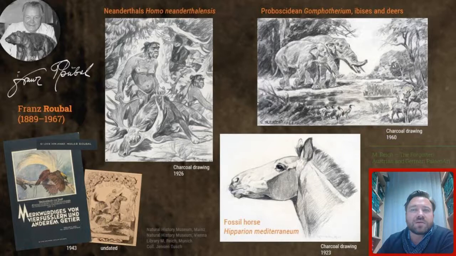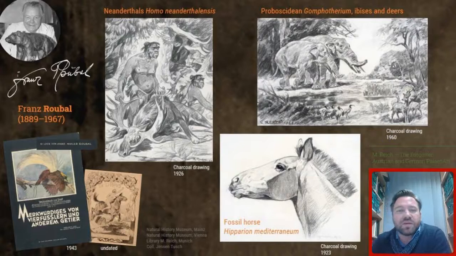And Rubal was deeply interested in wildlife and hunting, so he focused very soon on animal painting and oriented himself at the works of famous German animal painters like Kunert and Friese. As you can see here in some examples, he produced a large amount of drawings for which he was well known, especially as an illustrator for popular science books and magazines.